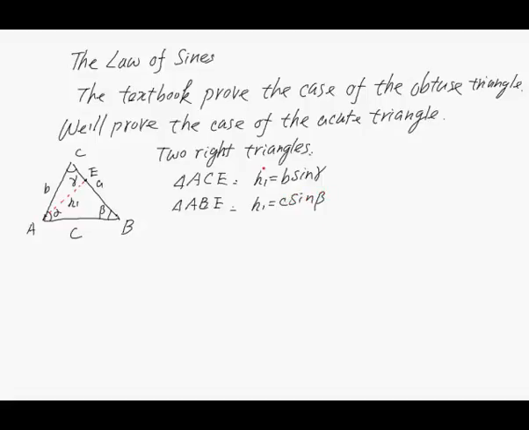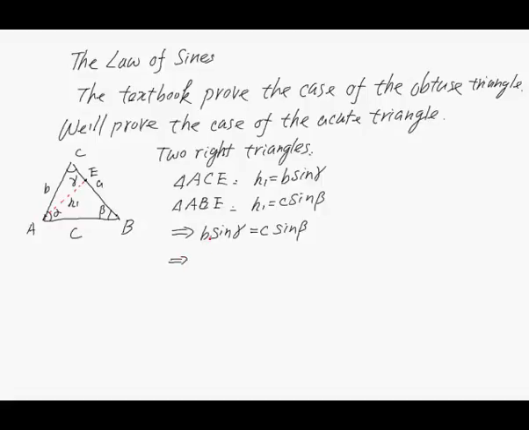So now you combine these two together, you have such an equation. So this implies B times sine gamma equal to C times sine beta, right?